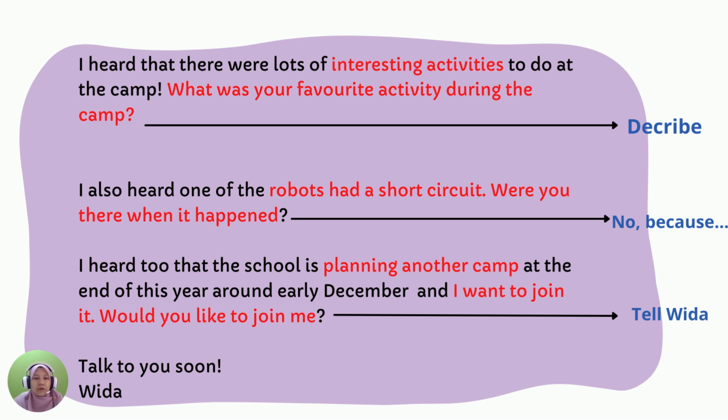Next paragraph: robots had a short circuit. Were you there when it happened? Remember we have to respond to this question in our reply later on. Next paragraph: planning another camp, and I want to join it. Would you like to join me? So these are the words that I have highlighted.